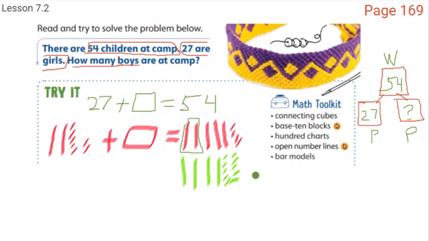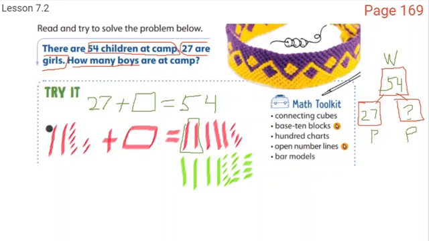I have these other 4 10s. 1, 2, 3, 4. Okay. This is still 54 because it's 10, 20, 30, 40, 5, 54. Right? Okay, so let me go back, get my pen.